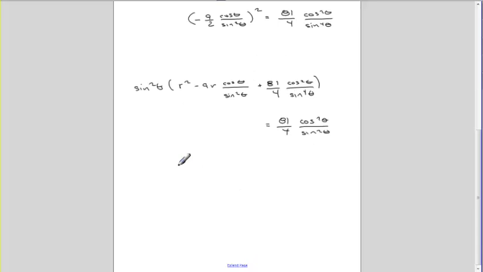And then if you do completing the square, you would get sine squared theta, and then we have r minus 3 cosine of theta divided by the sine squared of theta, and that thing squared. And that would be equal to 81/4 cosine squared theta divided by sine squared theta.